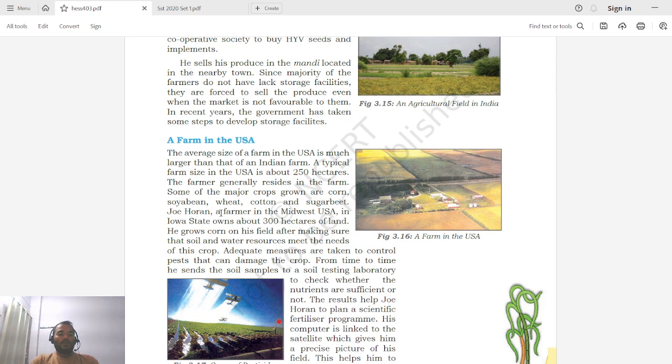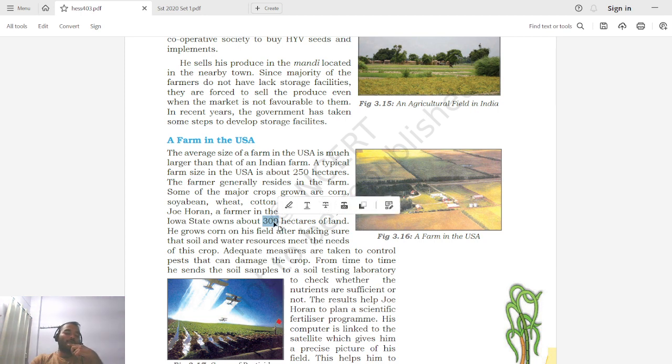Joe Horan, a farmer in Midwest USA in the state of Iowa, owns about 300 hectares of land. So there is a farmer known as Joe Horan. He lives somewhere in the Midwest USA, in the state of Iowa, and he owns approximately 300 hectares of land, right?